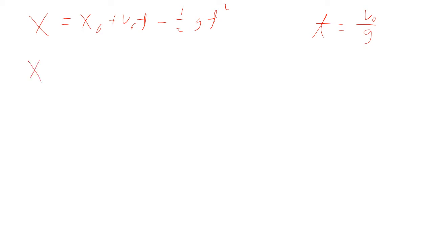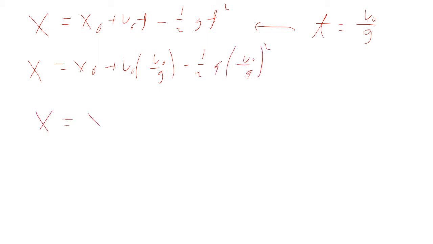So if I plug that into this equation, then we have x naught plus v naught times v naught over g, minus 1/2 g times v naught over g, squared. So x turns out to be x naught plus v naught squared over 2g. If I plug in all my numbers, 15.3 feet, same answer.